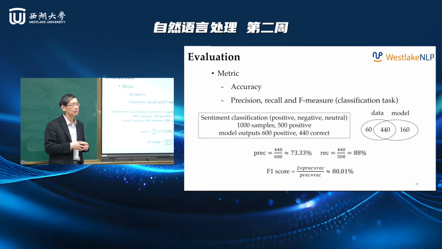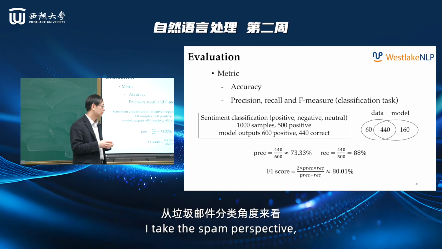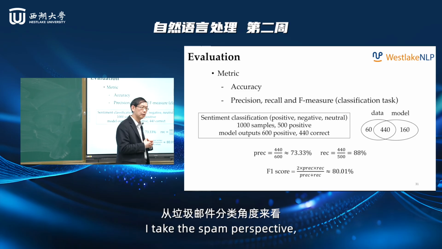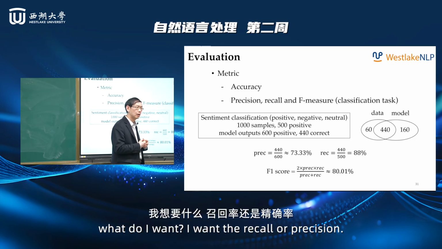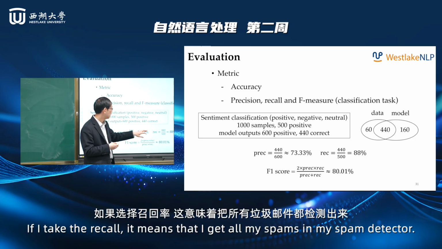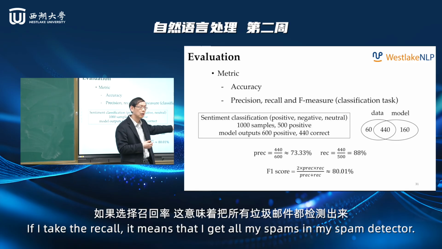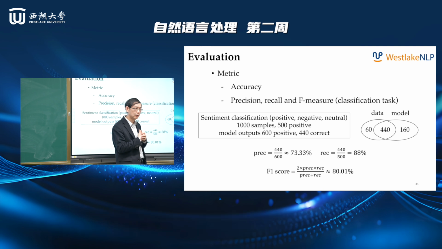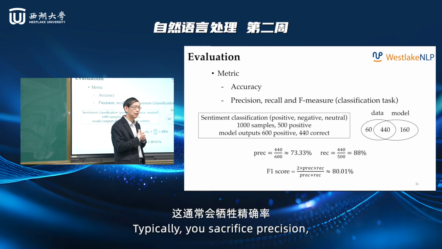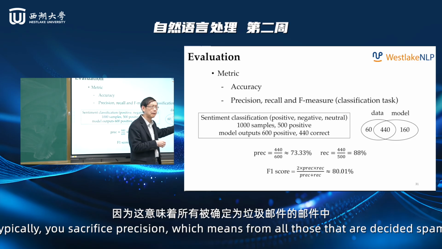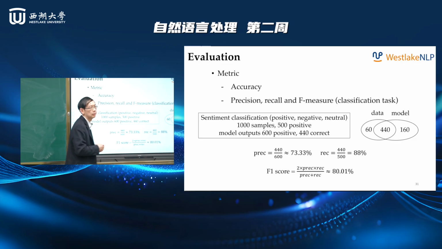If I take the spam perspective, what do I want, recall or precision? If I take recall, it means I get all my spam in my spam detector. Then typically you sacrifice precision, which means among those decided to be spam, there are good emails.